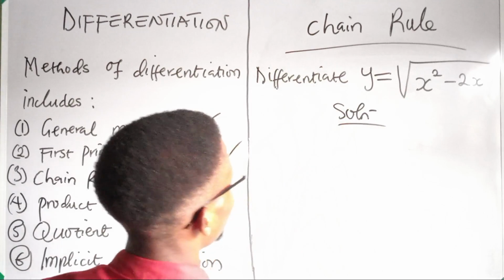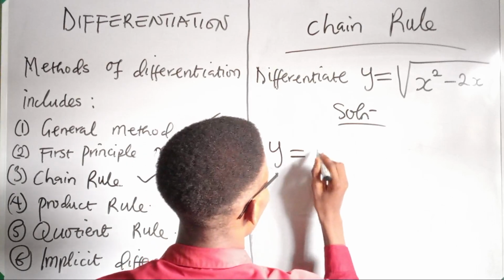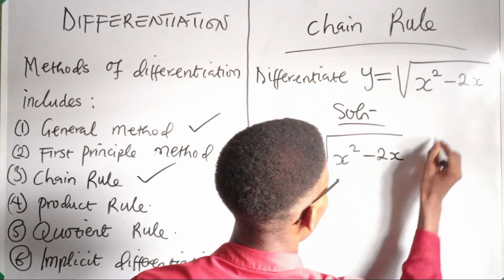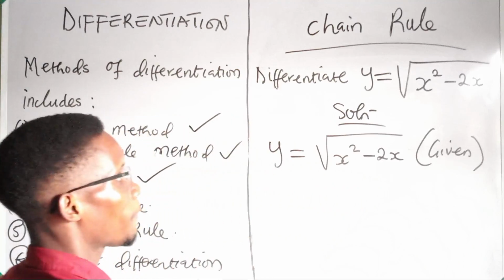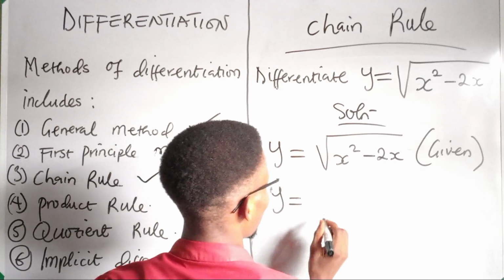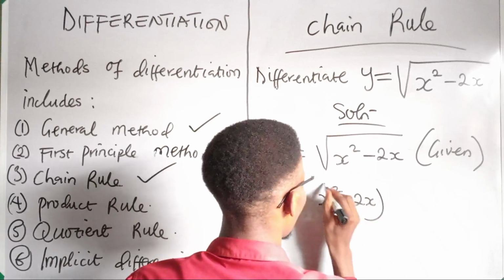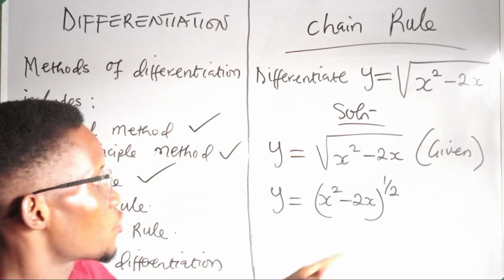Applying the chain rule to solve this, you know that we have y equals the square root of s squared minus 2s. This is what is given to us. This is the same as y equals s squared minus 2s all raised to the power half. When you see a square root, it is the same as half.